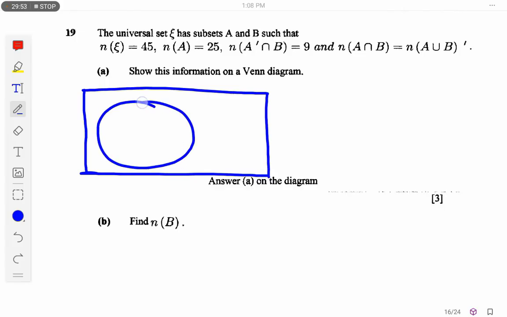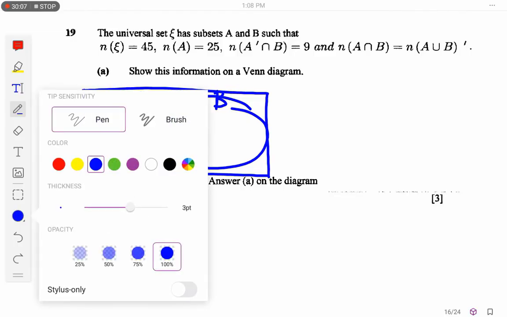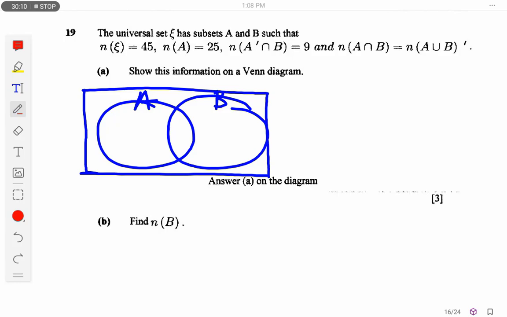We have our A, and there is an intersection part there. So I can have here an intersection, and I have my B there. Okay. Then in terms of the numbers there, for our A, we were told it has got 25. So I'm going to write 25 there, like that. Okay. Then we have got A complement intersection B. Basically what that means is this.